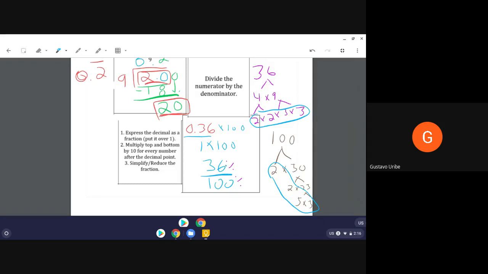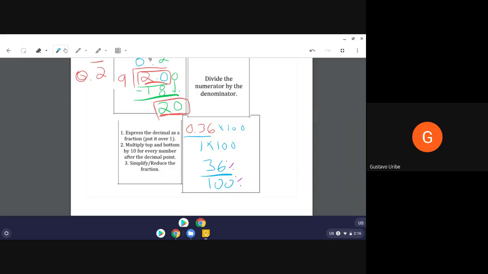So that means the top and bottom, the numerator and the denominator, could be divided by 4. If you don't know that, these are even numbers. Now, any even number can be divided by 2, right? You could have just cut it in half. We just found out that 4 actually works.